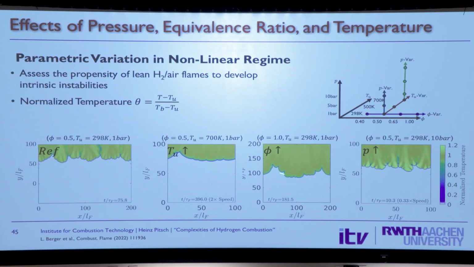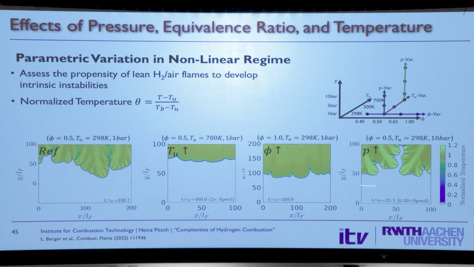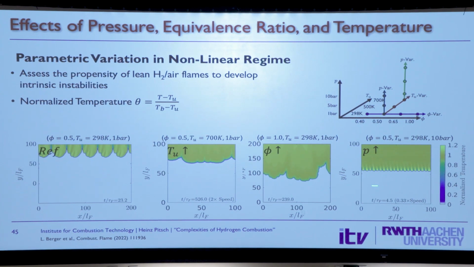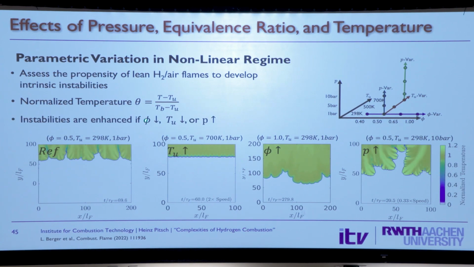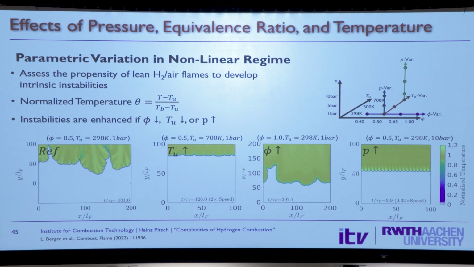This here has a higher equivalence ratio, which also makes it weaker. And this here is higher pressure, and you see the instabilities get stronger. We can do this for many different equivalence ratios, temperatures, and pressures. And the findings are the same as what we had in the linear regime: leaner mixtures, low temperature, and high pressure make the instability stronger.